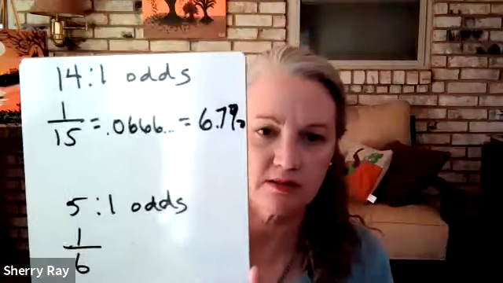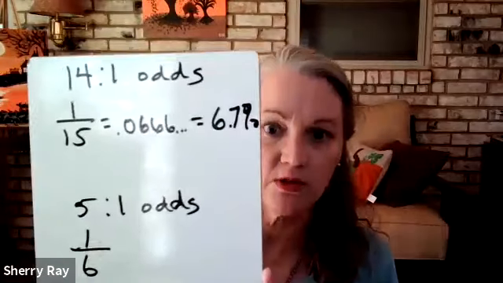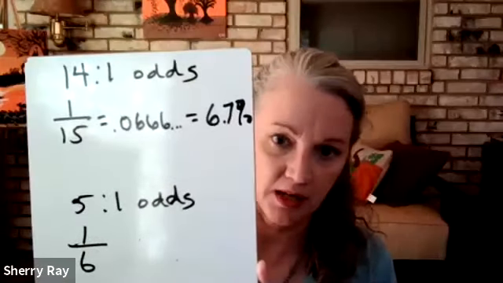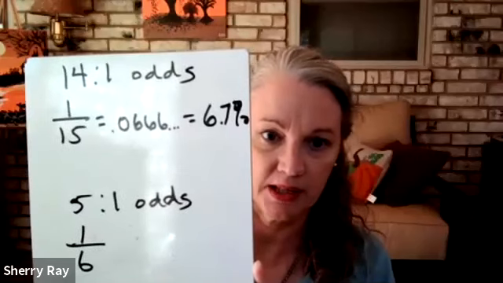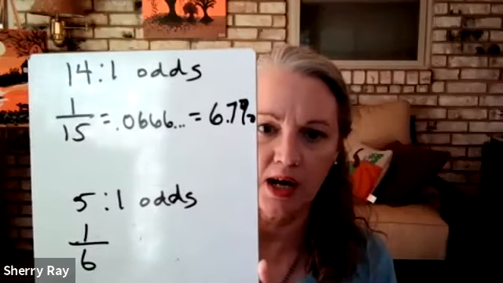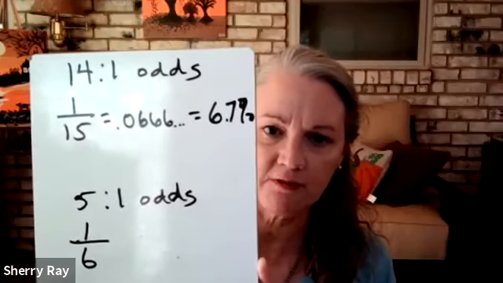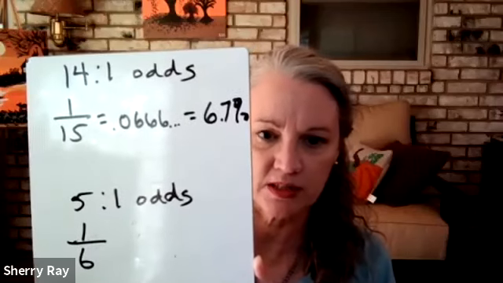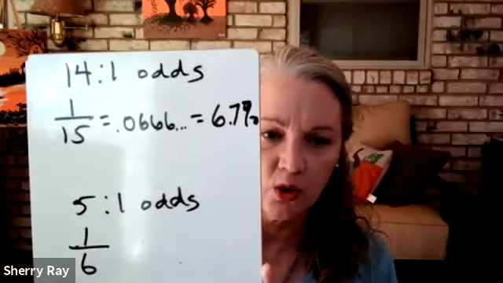So fractions represent division. You divide the top by the bottom, numerator divided by denominator. So I only have a 6.7% chance of winning.